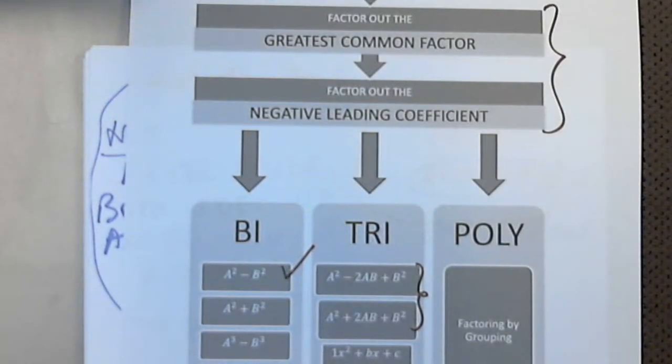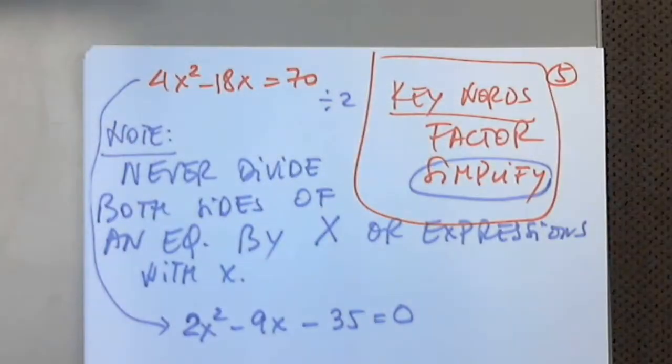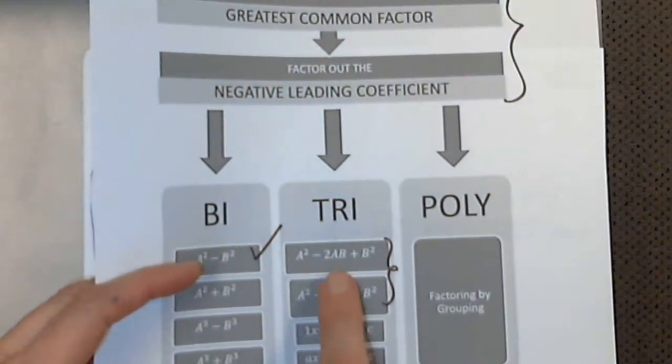Number 1, number 2, or number 3? If it's a binomial, I will follow the first one. If it's a trinomial, I'll follow the second one. If it's a polynomial, 4 terms or more, I will follow the last one. So of course, the second one. Perfect. So I will definitely try these first.